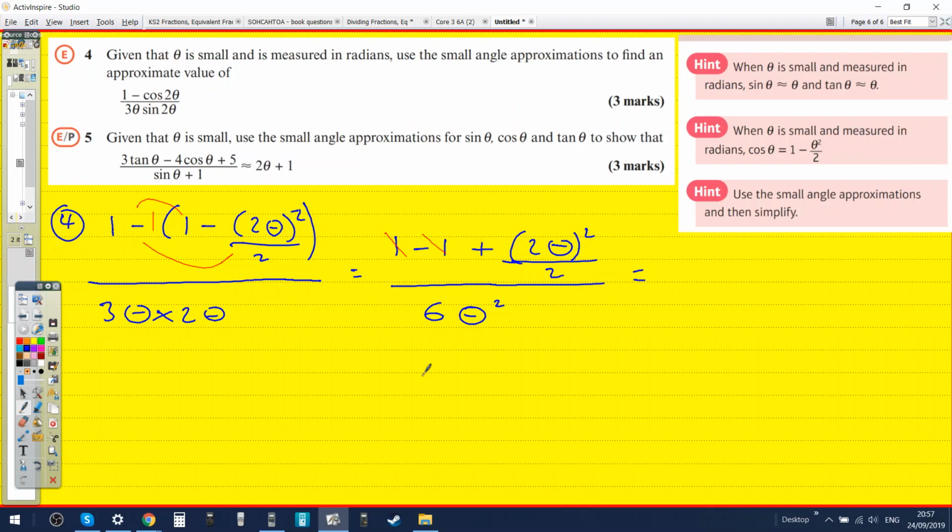Theta squared equals 1 minus 1 plus 2 theta squared over 2, 6 theta squared. So then that becomes 2 theta squared over 6 theta. Yep.